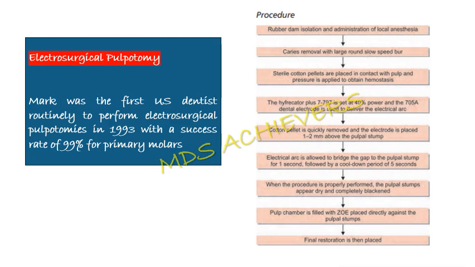The electric arc is allowed to bridge the gap to the pulpal stump for 1 second, followed by a cool down period of 5 seconds. When the procedure is properly performed, the pulpal stumps appear dry and completely blackened. Then we can go with placement of ZOE cement over it. See, whether the treatment was done perfectly or not can be identified if the pulpal stumps become completely blackened.